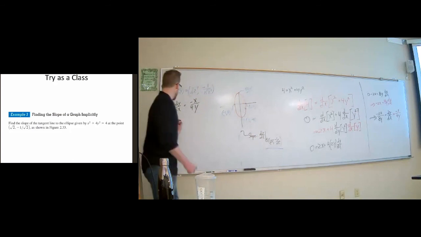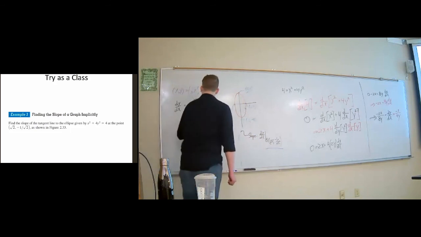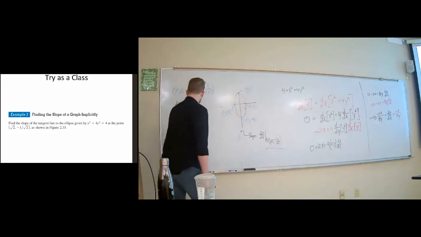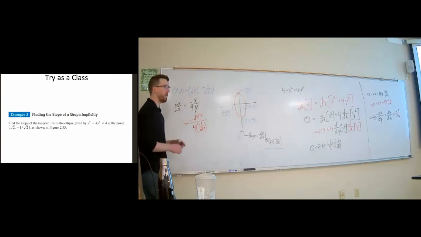So we know dy/dx is equal to square root of 2 divided by 4 times negative 1 over square root of 2, which we can simplify now.